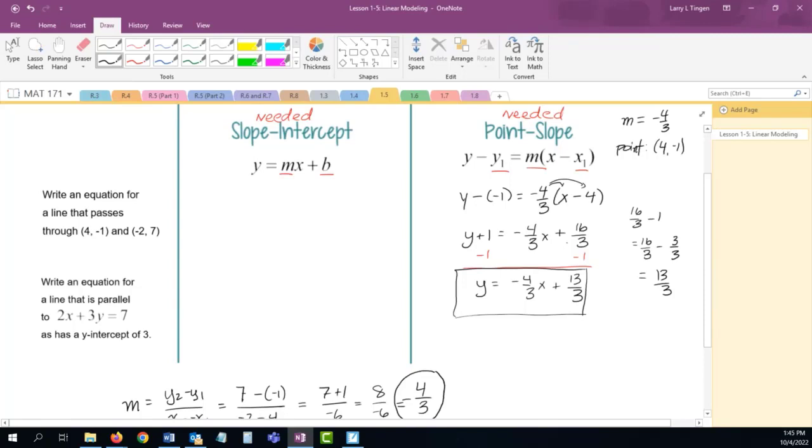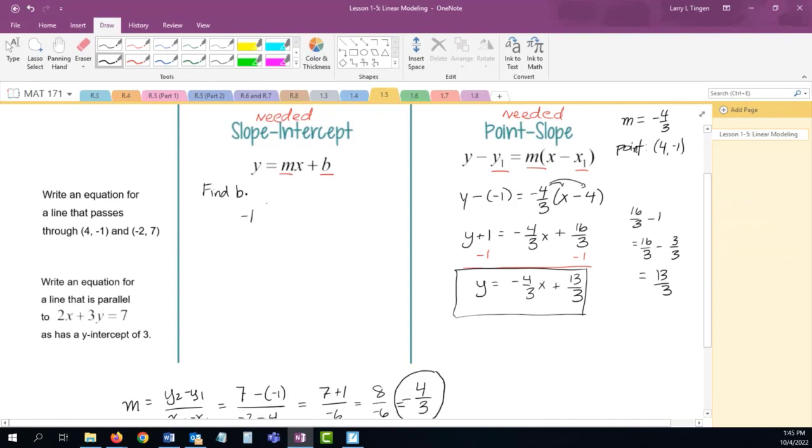All right, now let's do that same problem, but use the slope-intercept. So I have the slope, but I still need the intercept. So I'm going to go find b. I take a point that I'm given and the slope, I plug it in, and then I'll have b left over. I'll solve for that.